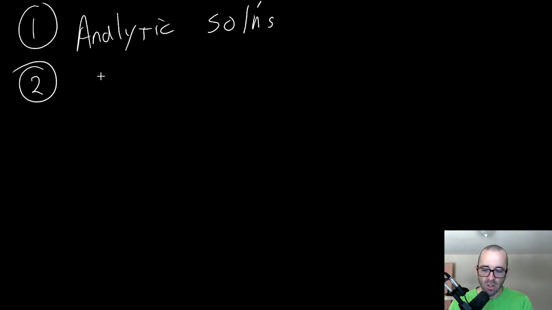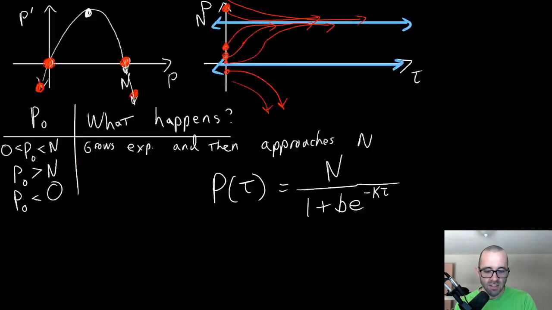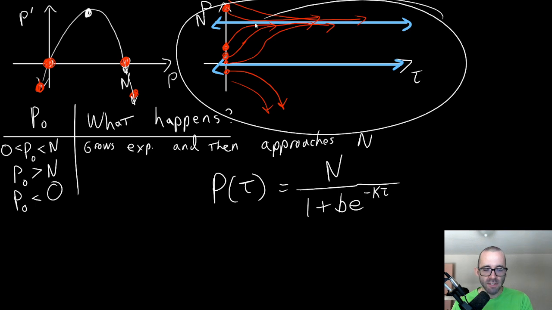We'll also look at qualitative analysis. And we did that a bit with the logistic growth model. Qualitative analysis was this sort of thing, right? When we talk about, all right, how is P prime changing with relation to P? How can we draw some graphs of what that might look like? We don't need to find the equations of these solutions, but what might that look like?